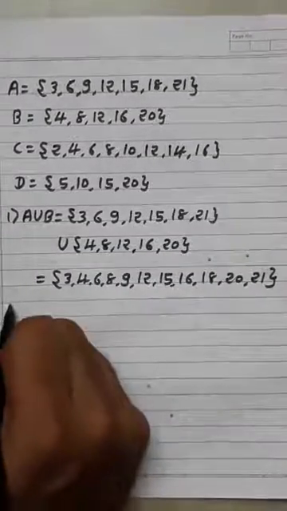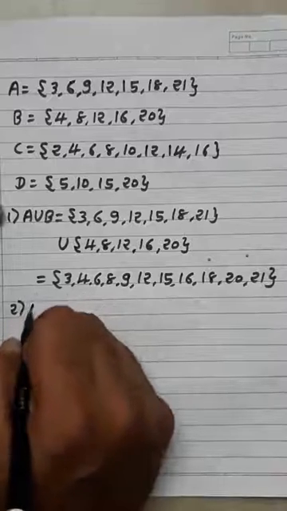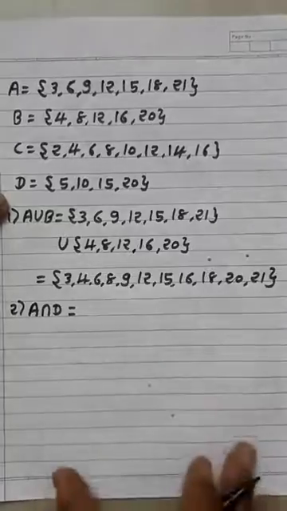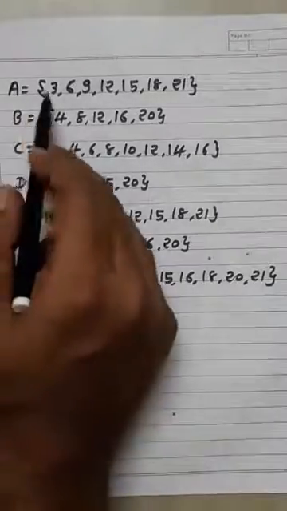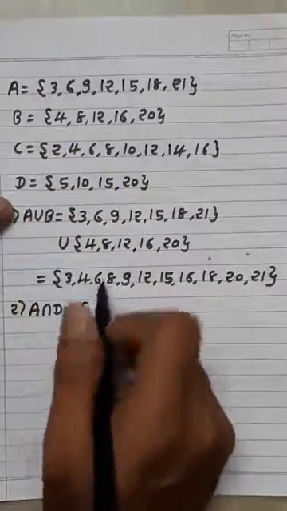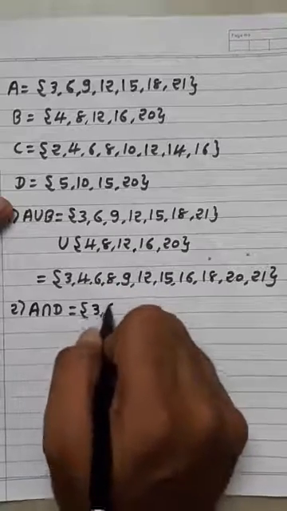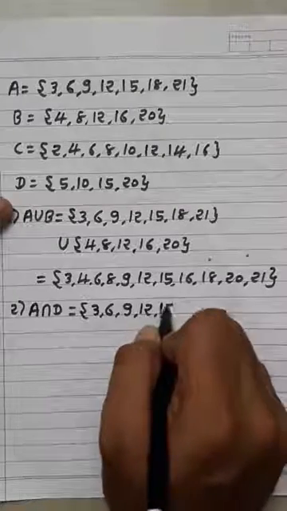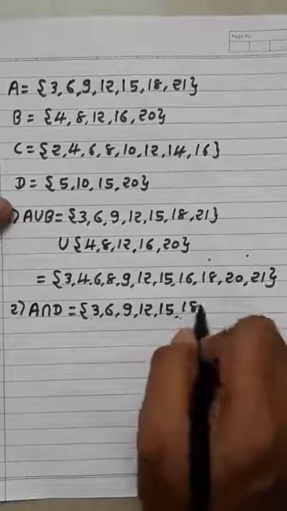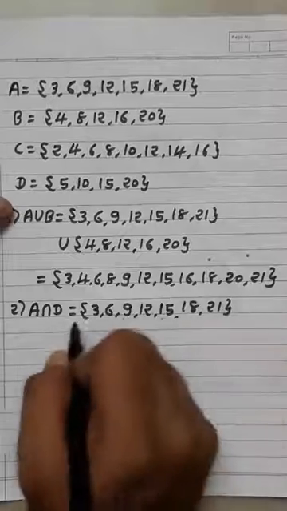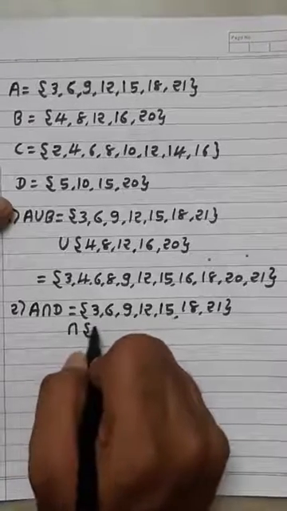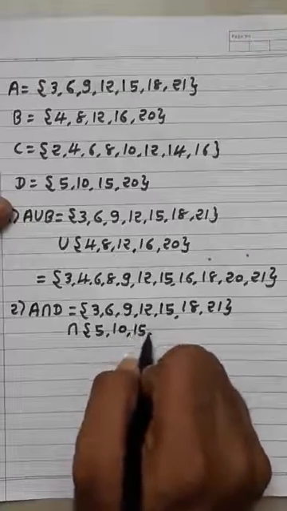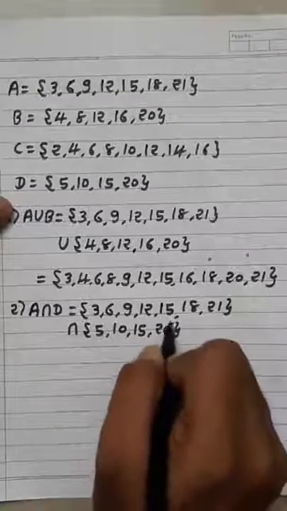Now, second question. Find out A intersection D. So once again here A is 3, 6, 9, 12, 15, 18, 21, intersection set of D, which is 5, 10, 15, 20.